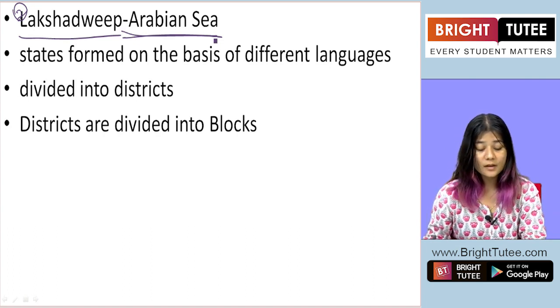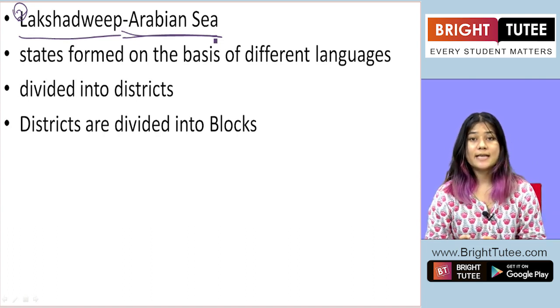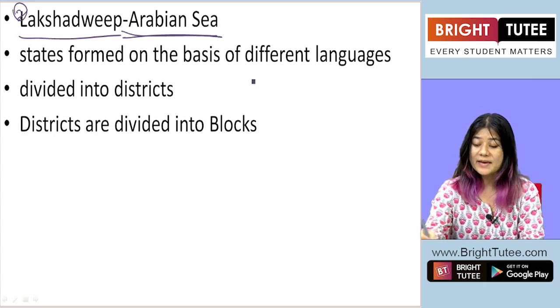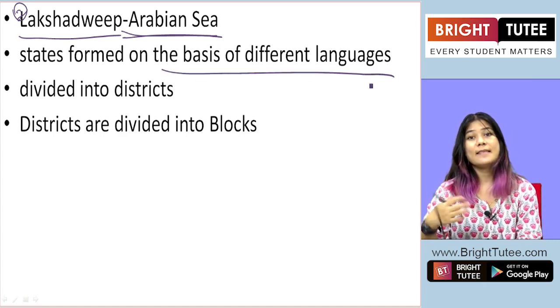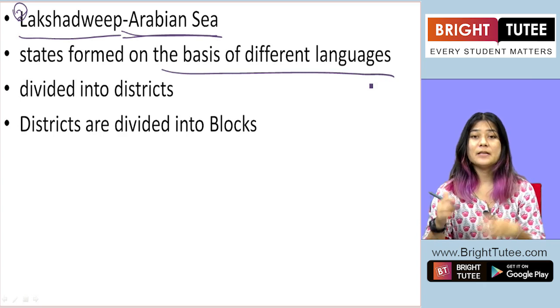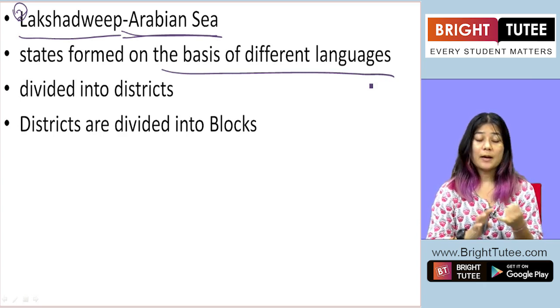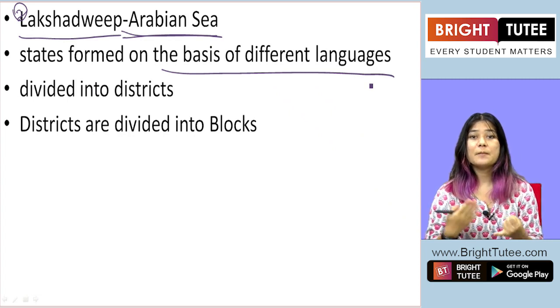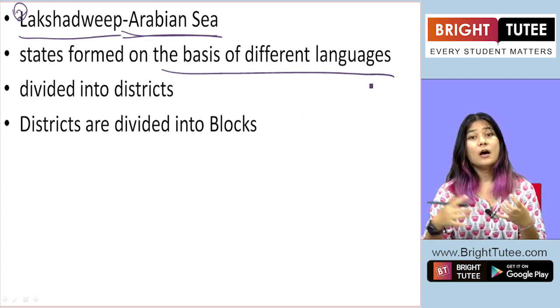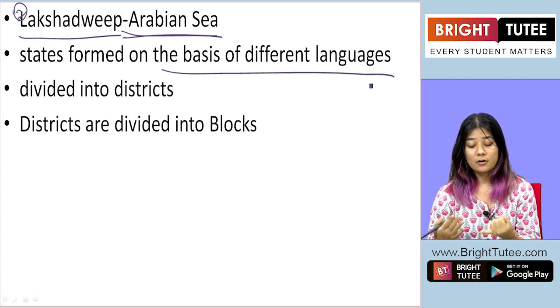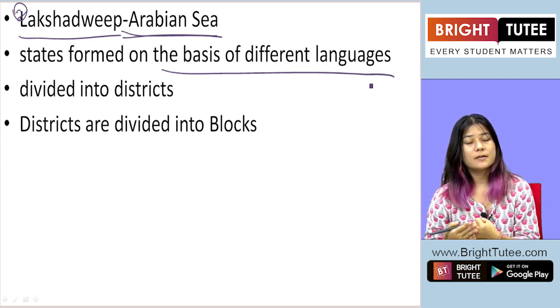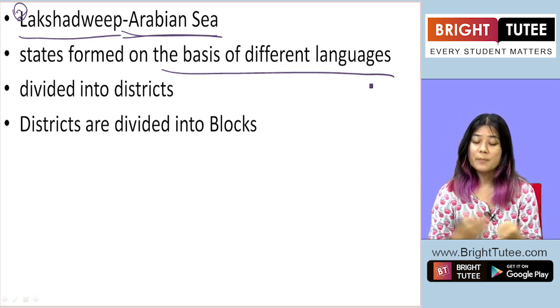Now, the states in India are formed on the basis of different languages spoken by people living in those states. For example, in Maharashtra, people speak Marathi, and in Manipur, people speak Manipuri.